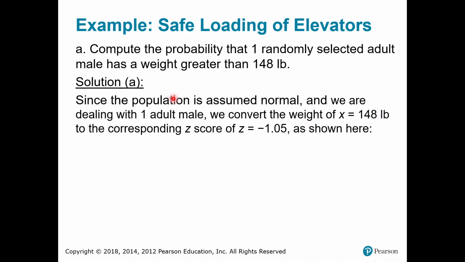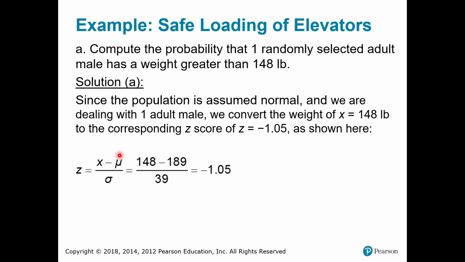A. Compute the probability that one adult male has a weight greater than 148 pounds. First, since the population is assumed normal and we are dealing with one adult male, we have a single value, so we need to convert x of 148 into its corresponding z of negative 1.05, and this is how we did it.